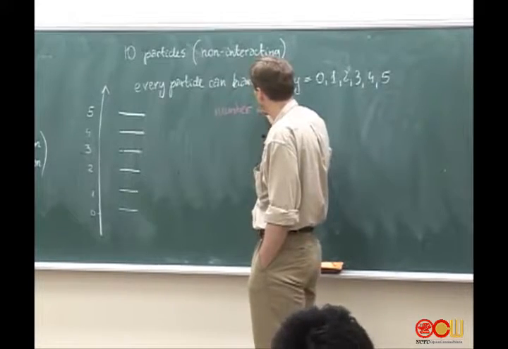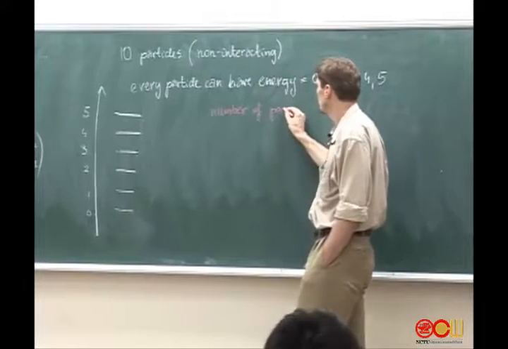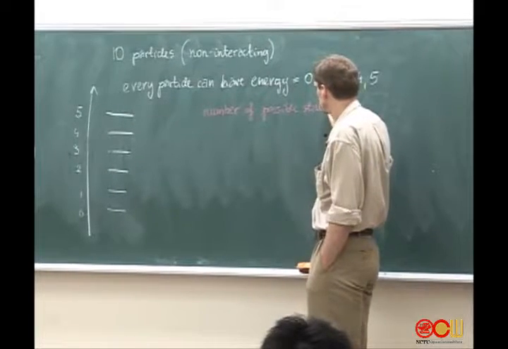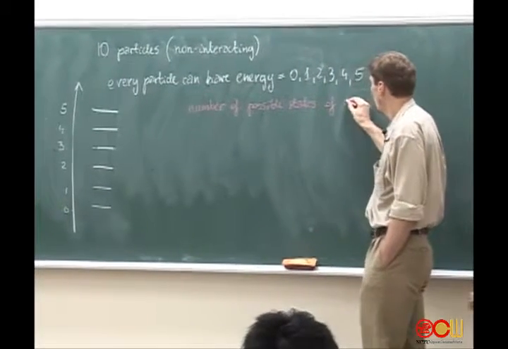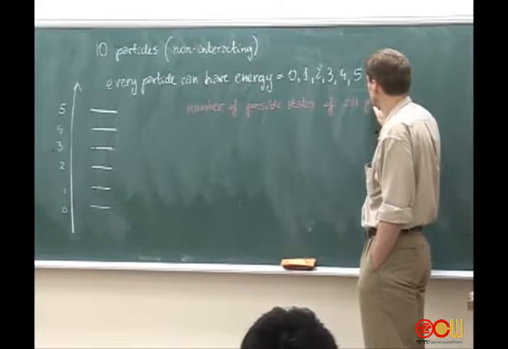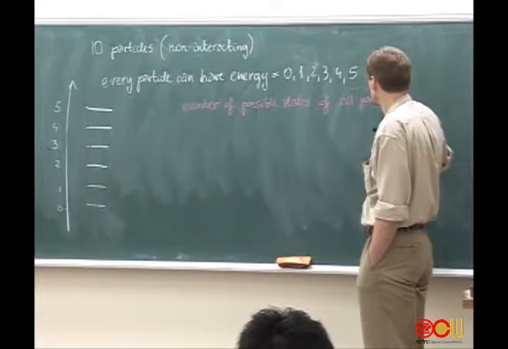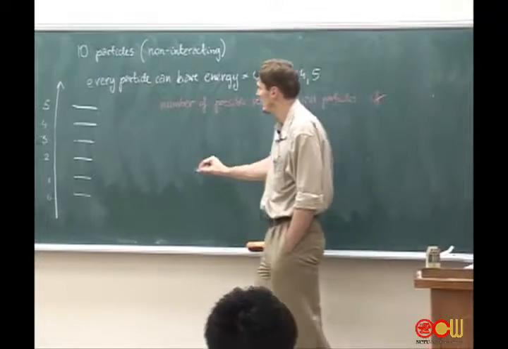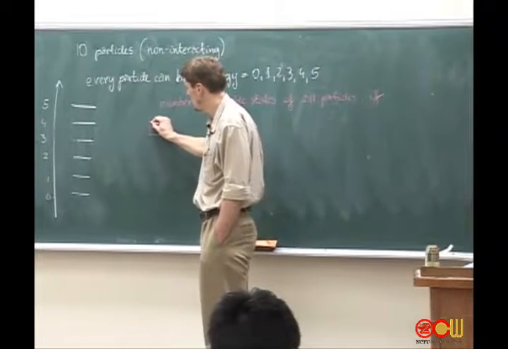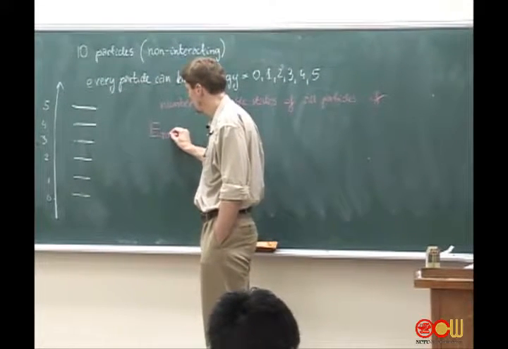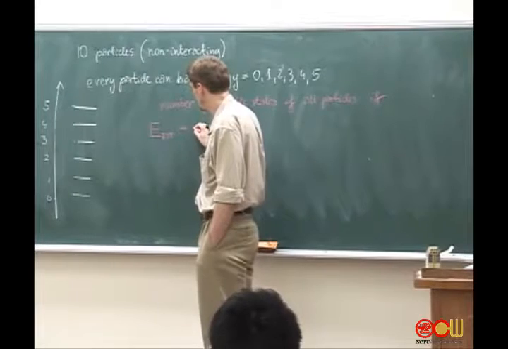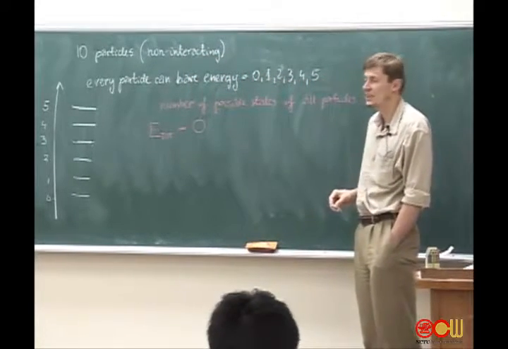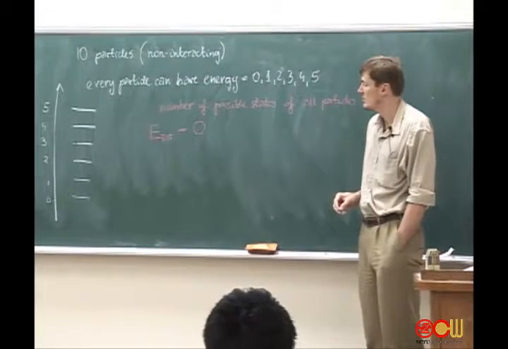Good. Now we are going to calculate the following thing: the number of possible states of all particles if, and now I'm writing E, the total energy is equal to 0.